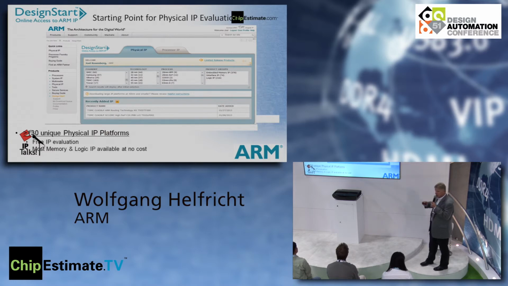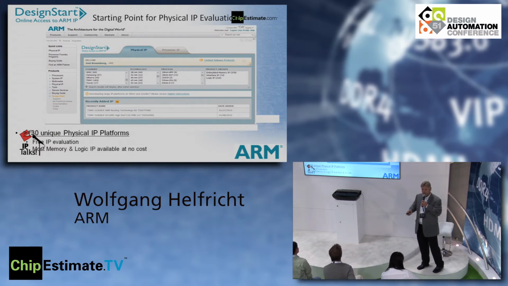Finally, how do you find all this IP? You saw the slides. We have a lot of process nodes and a lot of foundries which we support. What we have is a design start portal. You can download evaluation IP there with a simple click-through license. This enables you to play with the IP very early on, so there's no need to make a fixed decision.